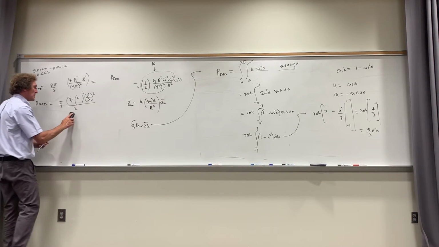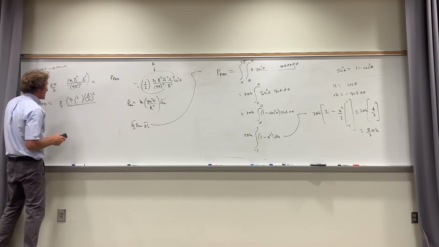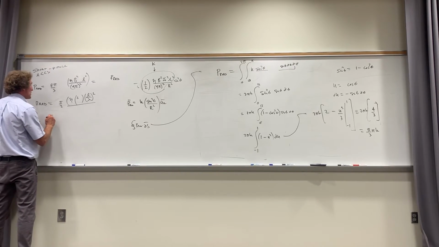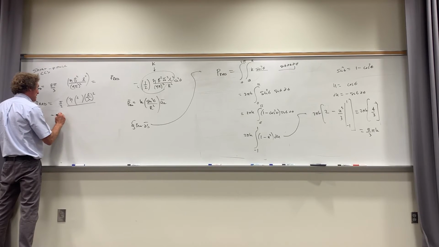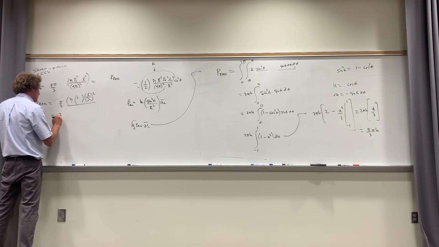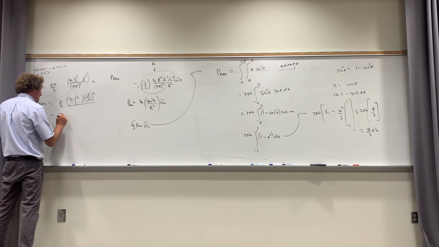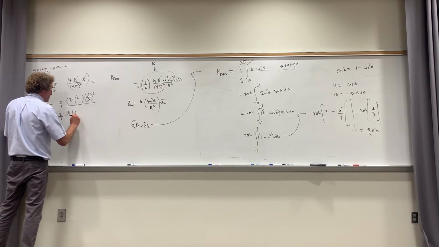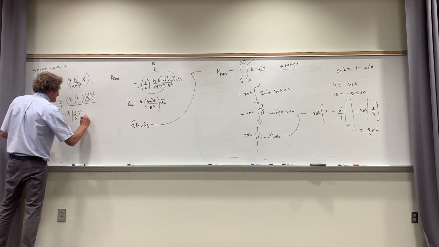Do you agree? I think that will do it. So I have 2/3 pi times eta times L over lambda squared for antenna resistance in ohms.